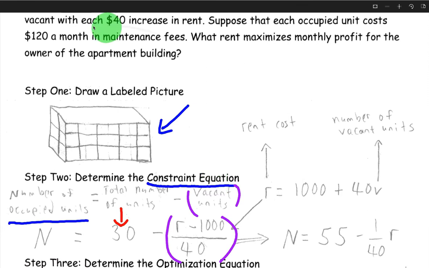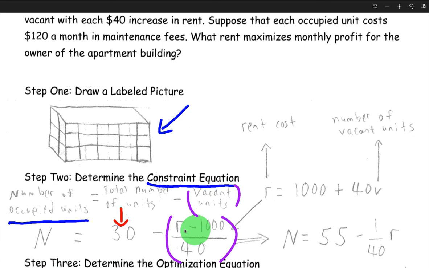Again, it's based on your limited resources. In this case, it's based on the number of units that you have to rent out, which is 30, and more particularly the number of occupied units, because that's ultimately going to determine your total profit for this apartment building.